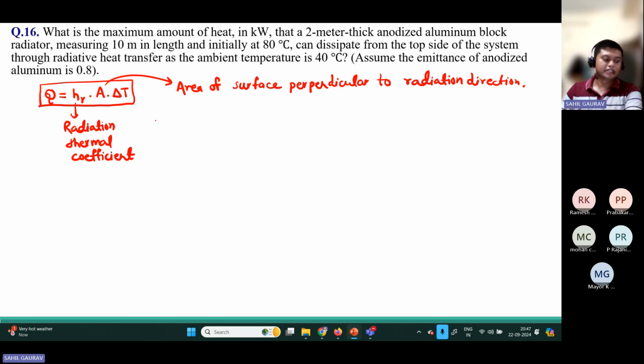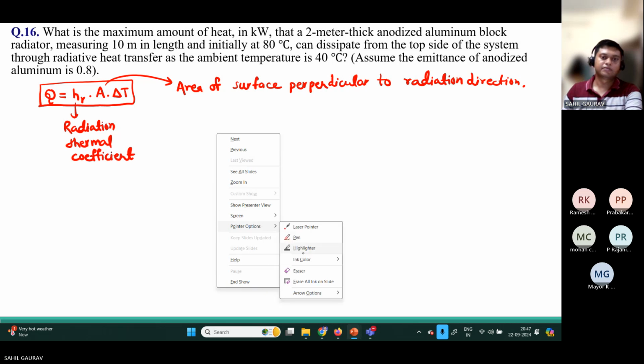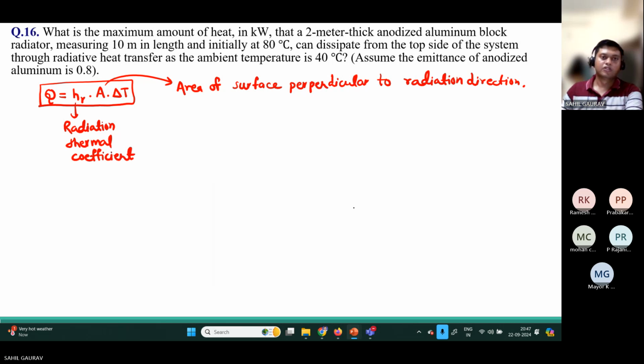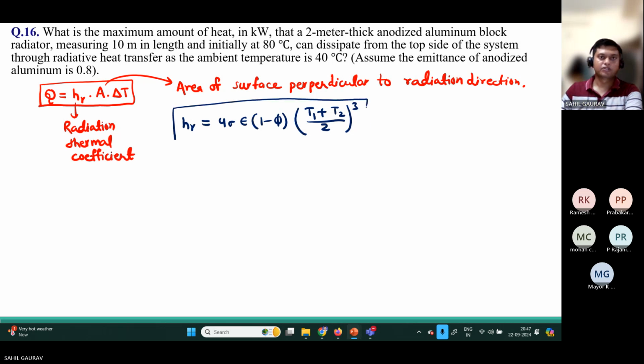And how will you find this HR? For finding the HR, the expression is 4 sigma epsilon (1 minus phi) ((T1 plus T2) upon 2) to the power 3. So this is the HR, radiation thermal coefficient.